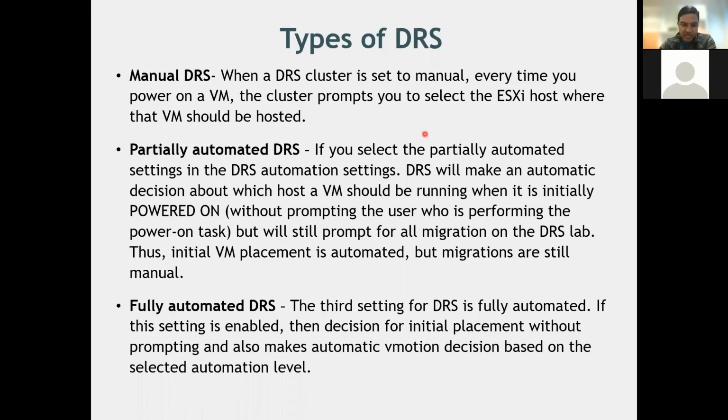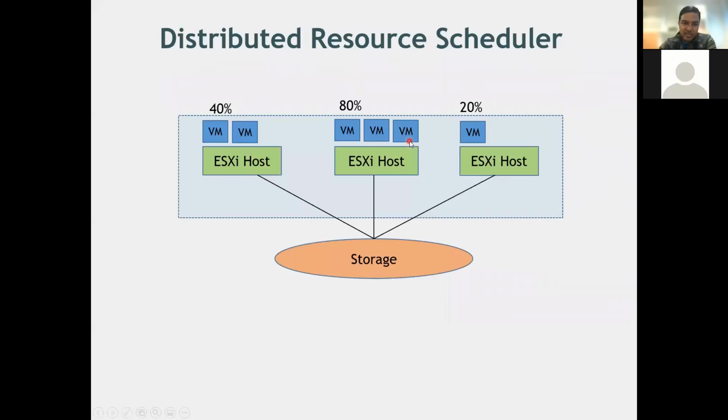But fully automated DRS has a drawback. It has an advantage, but it has a drawback. Assume we have a cluster with 3 ESXi hosts, and all these hosts have 50%, 50%, and 50% load.